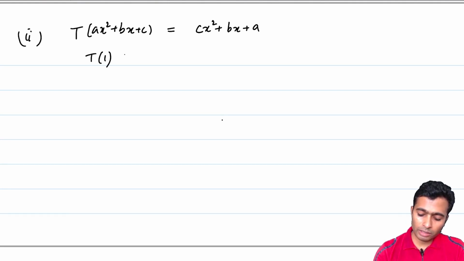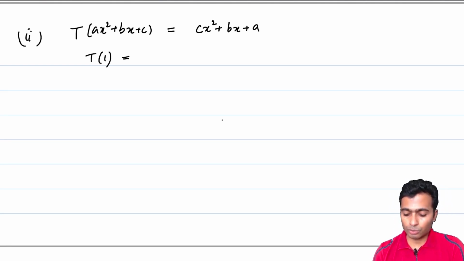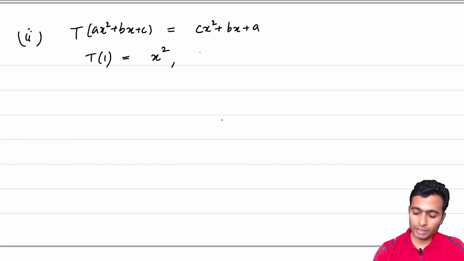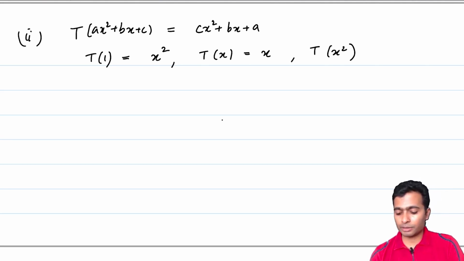T of 1 is just equal to 0x square plus 0x plus 1, which turns out to be 1 here. Similarly, T of x is equal to x, and T of x square becomes 1.